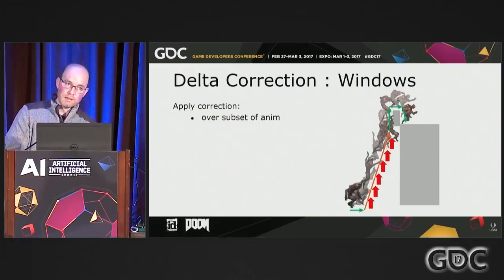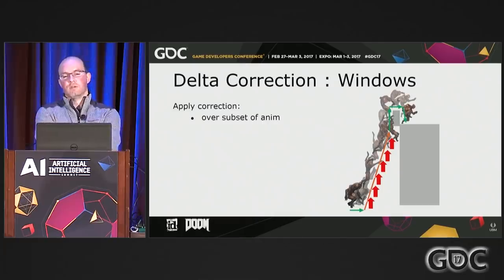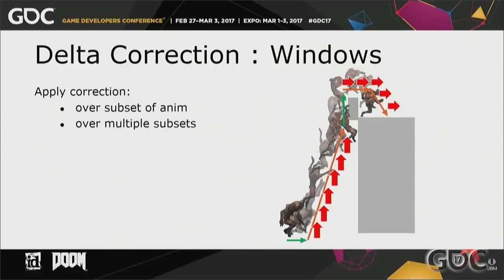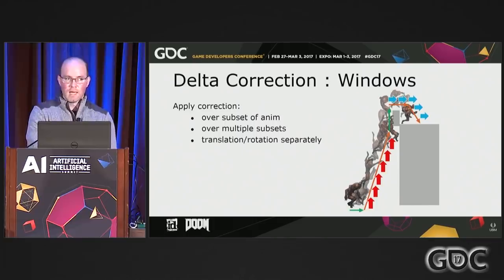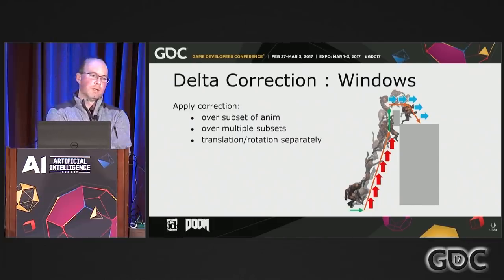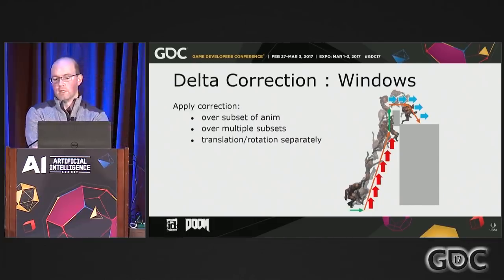Defining windows like this, where the correction will not cause foot sliding, is absolutely essential in most cases. You can even use multiple windows if you want. For example, maybe you want to separate translation correction from rotation correction. The power of using windows is that the AI is able to treat a single animation as a sequence of multiple parts without the animators needing to do the work of cutting it up.